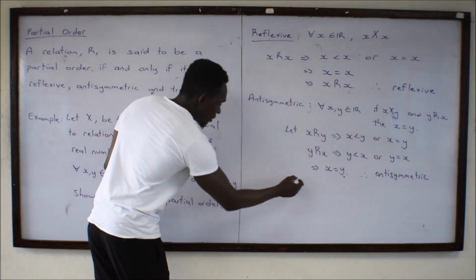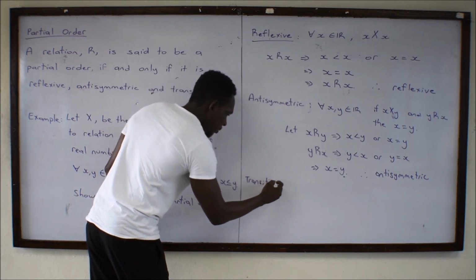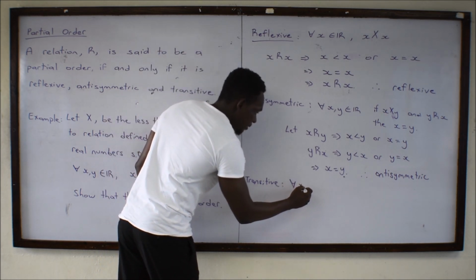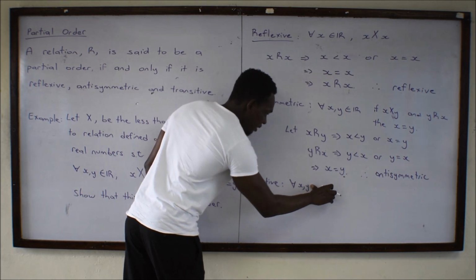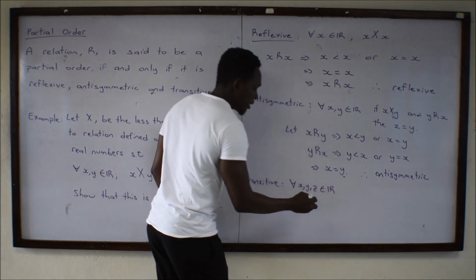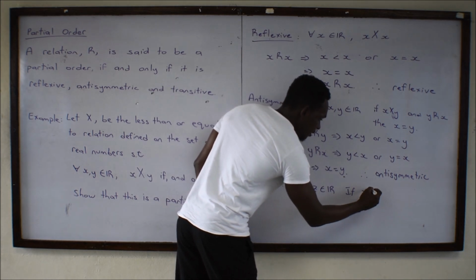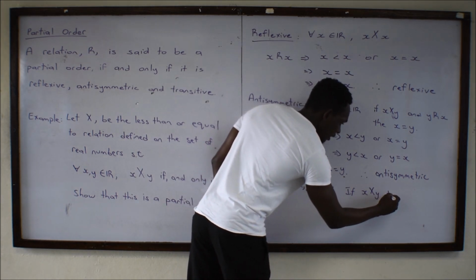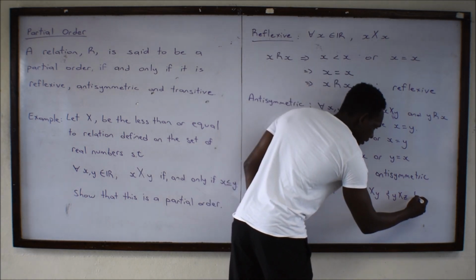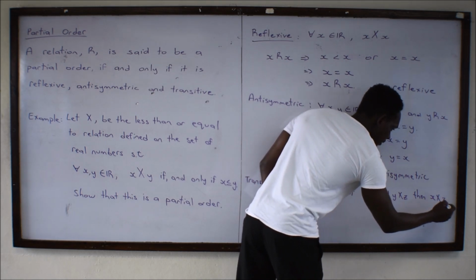Next up, we have the transitive property. Now recall, with the transitive property, we say for all x, y, and z in R, if x is related to y and y is related to z, then x must be related to z.